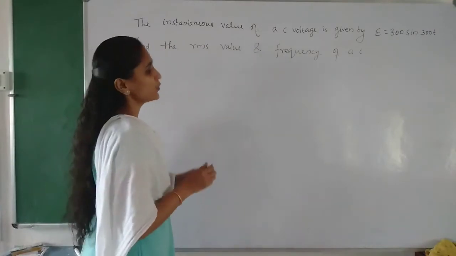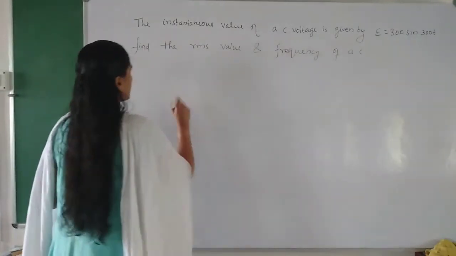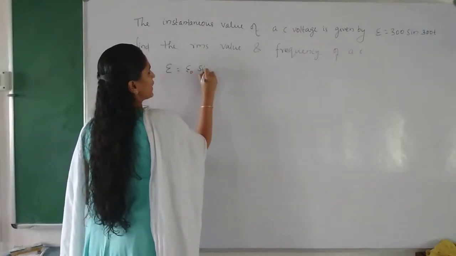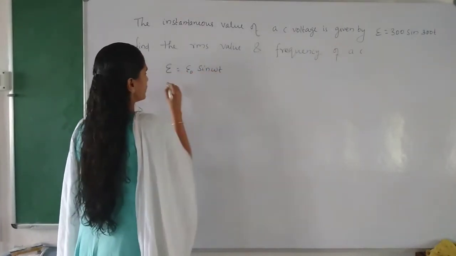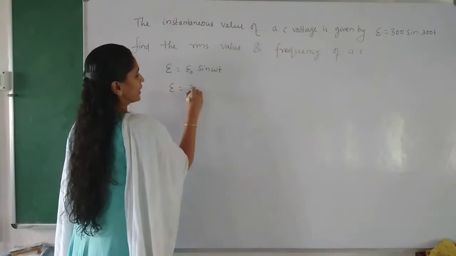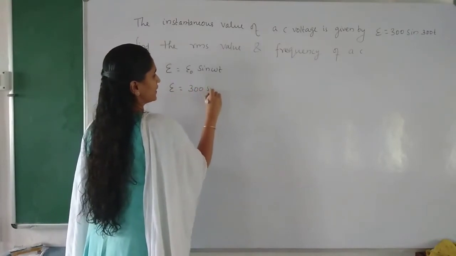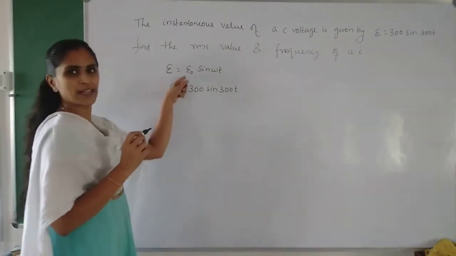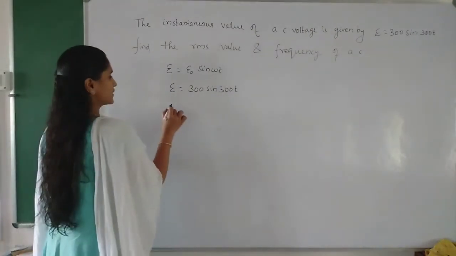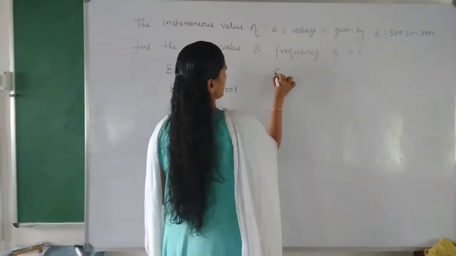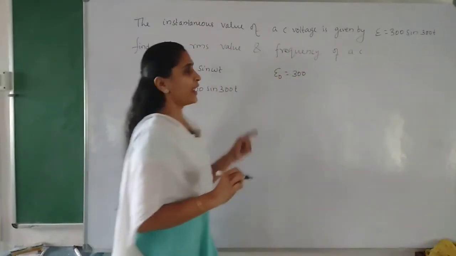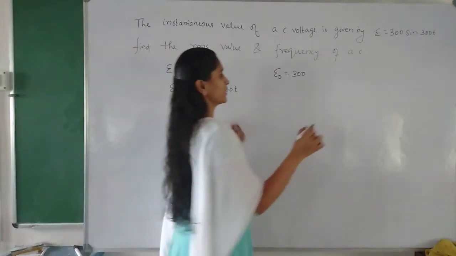Here the equation is given as E is equal to E0 sin omega t. You can compare it with the equation 300 sin 300 t. If you compare, what you will get? Peak value V0 is equal to 300 and omega is equal to 300.